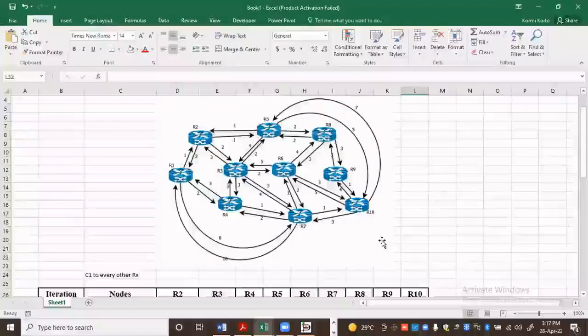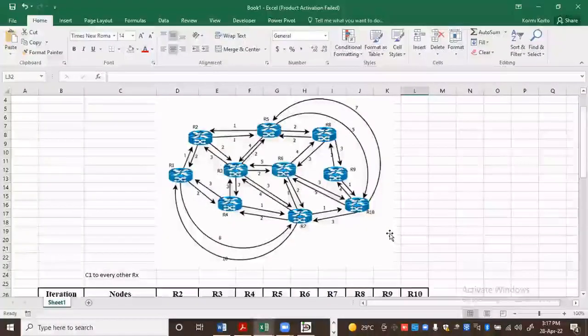Theophilus said, so the purpose of using Dijkstra algorithm in this question is to find the path of least cost from node 1 to any other node within the network, not just from 1 to 10. It's from 1 to every other node, so 10 inclusive. Exactly. So it's not from node 1 to 10.